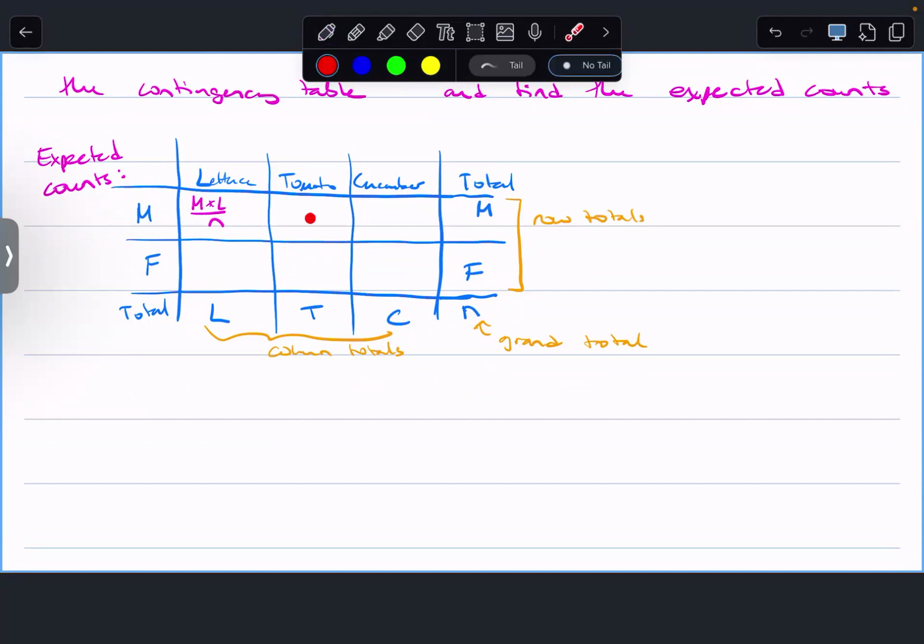Moving on to the males that like tomatoes, I would expect to have M times T over N in that cell. M times C over N. Then we do the same thing for the next row, right? F times L over N, F times T over N, and F times C over N.